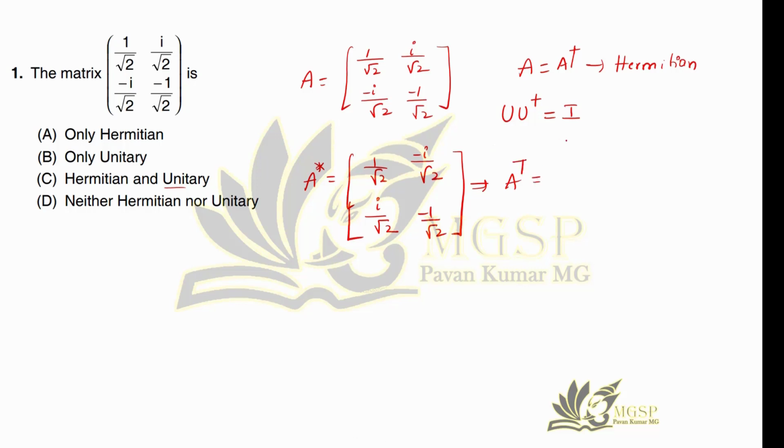When you transpose, rows become columns and columns become rows: 1 by root 2, then i by root 2, then minus i by root 2, then minus 1 by root 2. So we got this matrix the same as the original matrix. So A is equal to A dagger. This is Hermitian.